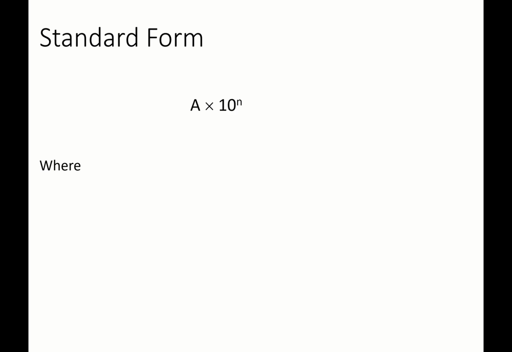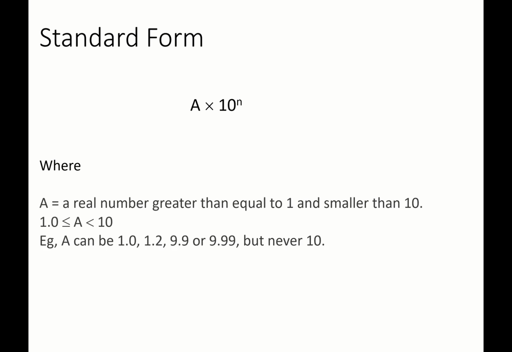This is a standard form, a times 10 to the power of n, where a is a real number that's greater than or equal to 1 but smaller than 10. So examples of this standard form will be, for a it can be 1.1, 2.5, 4.89, 9.9.